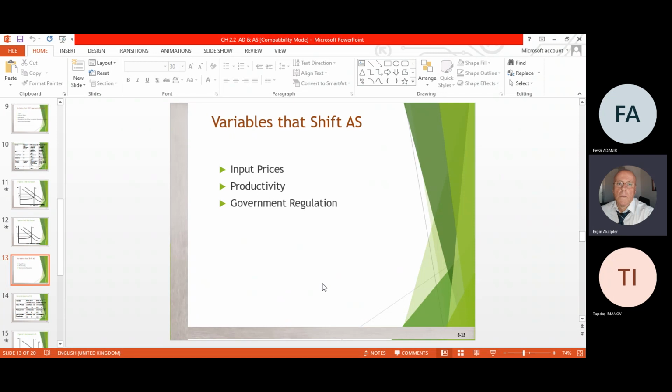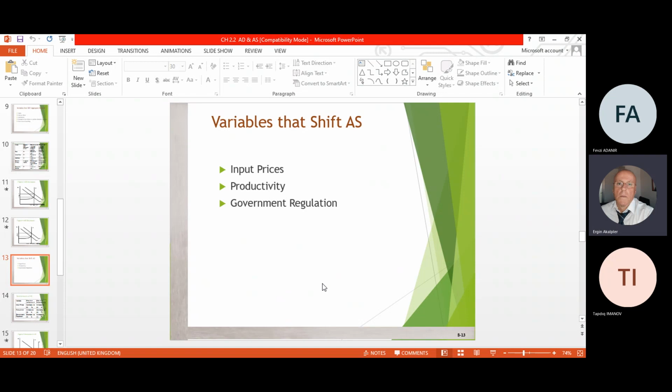And when we consider the variables that shift the aggregate supply, input price, productivity, and government regulation are involved. Input price is heavily affected and changing, as I mentioned to you at the beginning of our class.